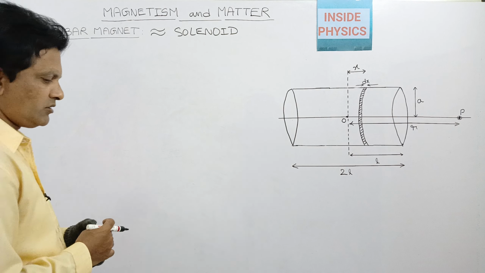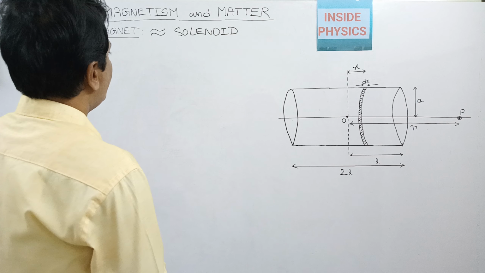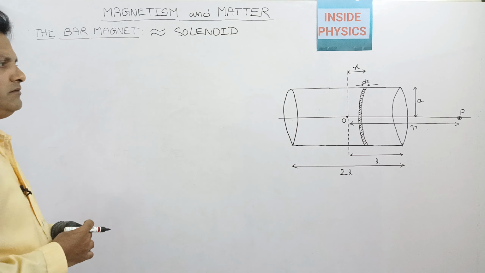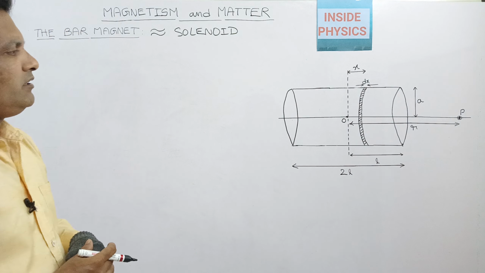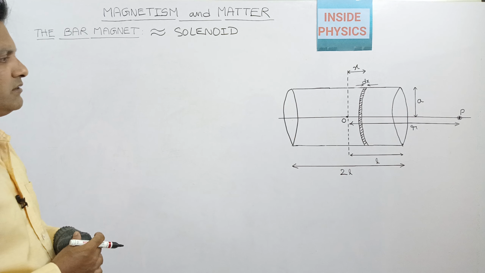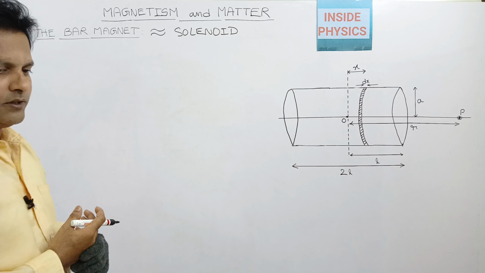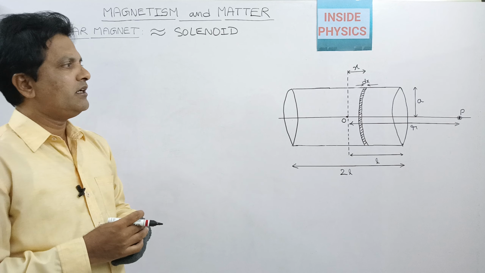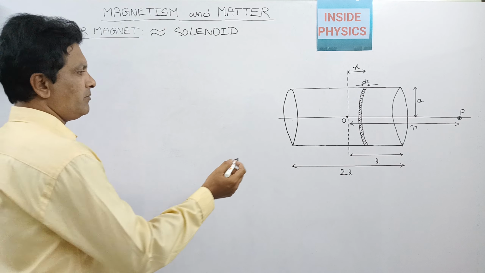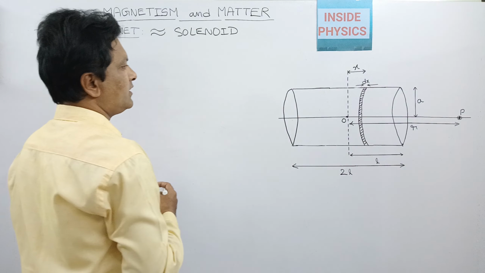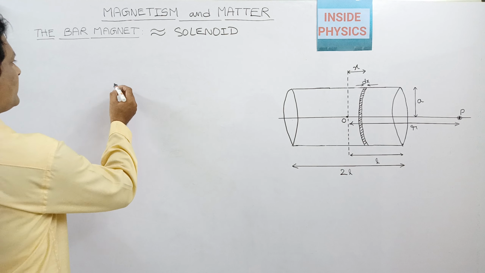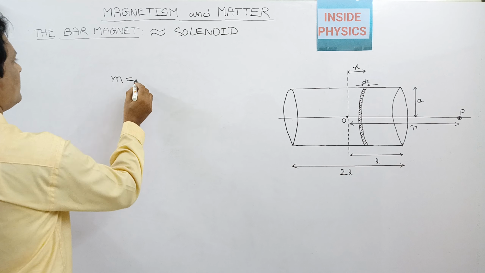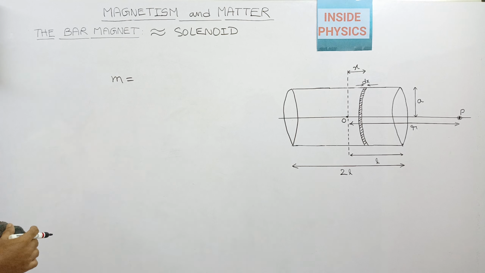In this way, a loop can be considered as a continuous solenoid with n number of turns. A single loop has one turn, and continuous loops having n turns can be considered as a solenoid.